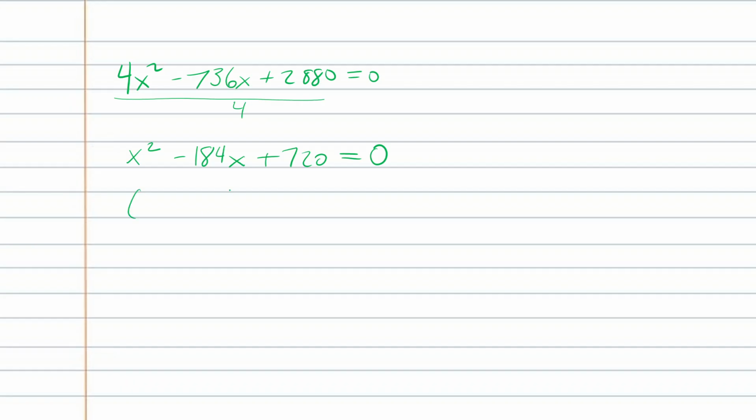Let's go ahead and factor it. Luckily, this actually isn't too terrible of a factor here. I need two things that multiply to give me 720 and add to give me negative 184.